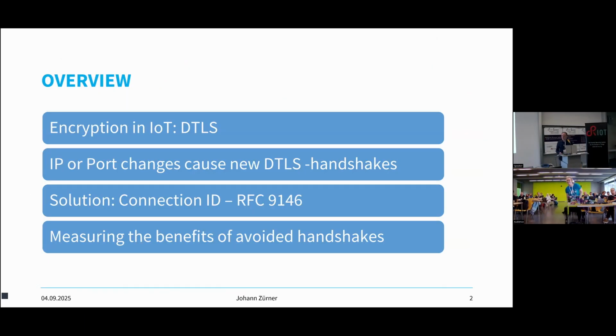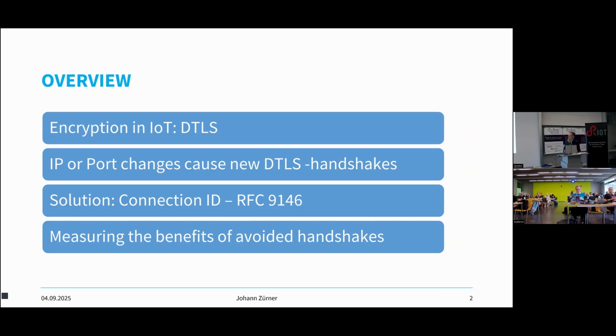So we're looking at communication in IoT networks. We want it to be encrypted, and we also want it to be efficient. We're using DTLS as the protocol to establish an encrypted session.